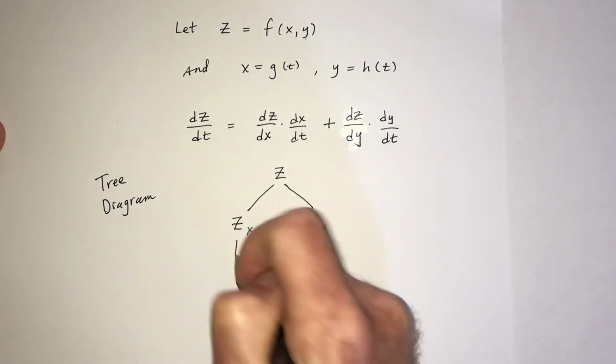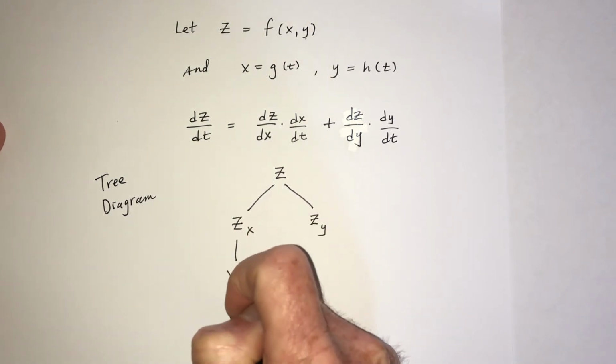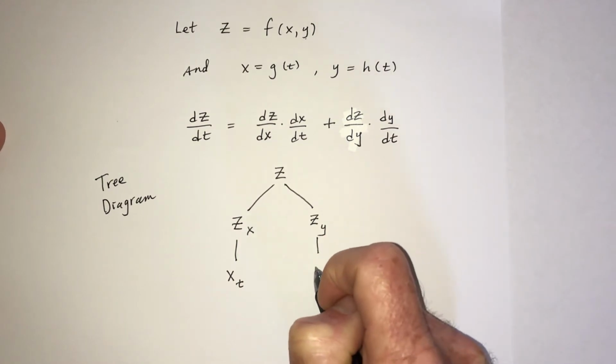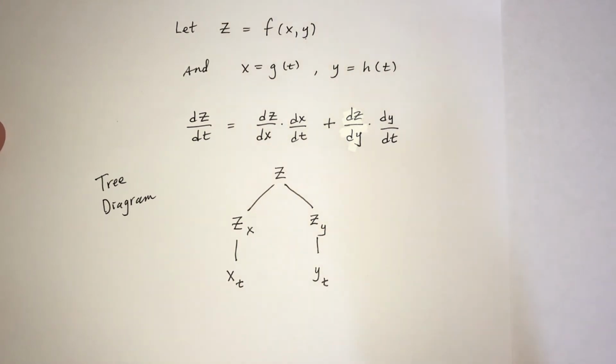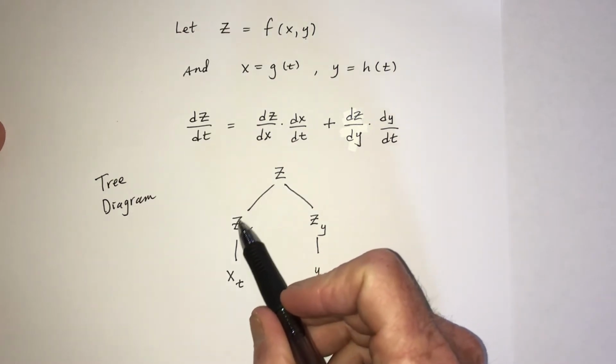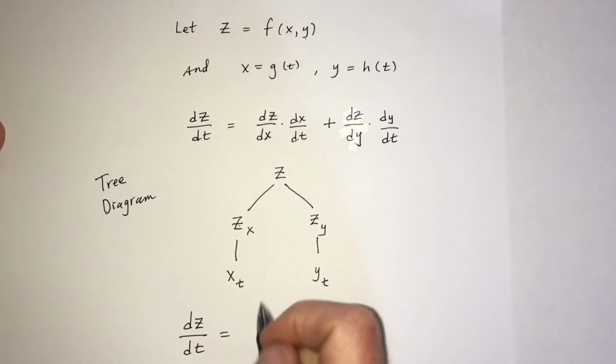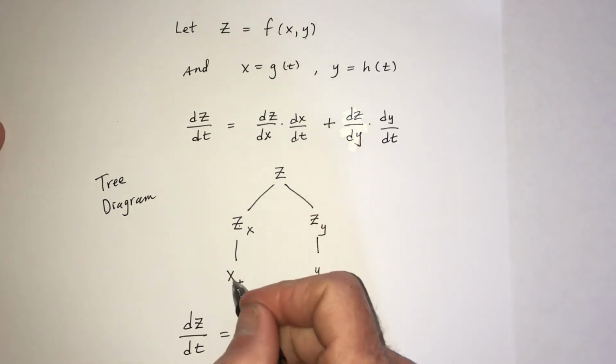And then we would need to take the derivative of x with respect to t. Over here, take the derivative of y with respect to t. And so you follow this down, and this gets multiplied. So the derivative of z with respect to t is equal to, you just follow this down and multiply these.